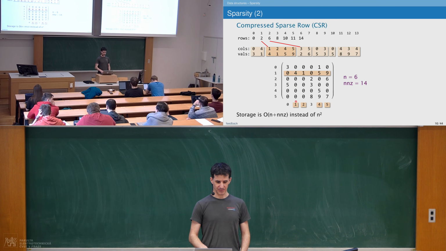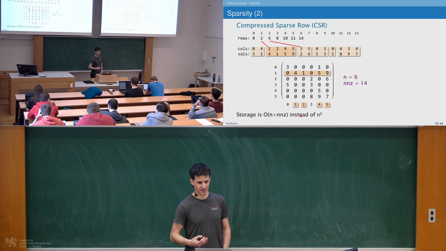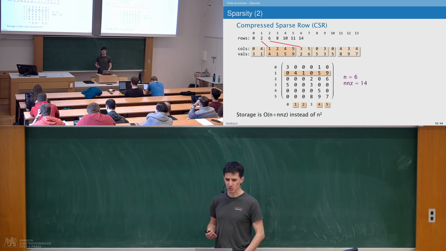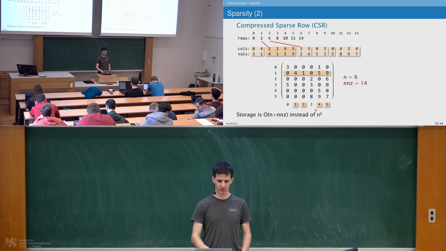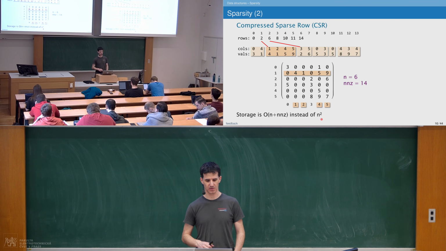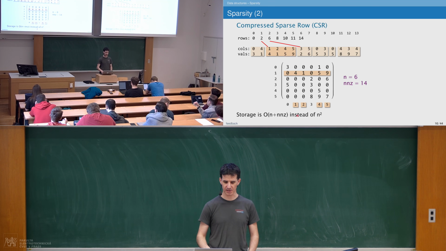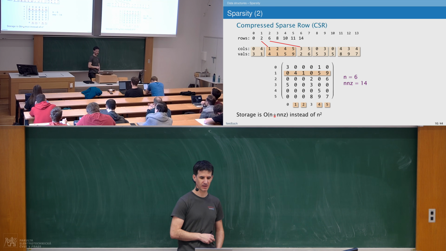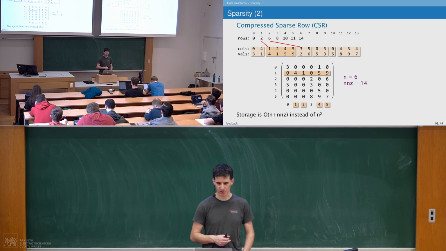And if you want to calculate how much space you save, instead of using n squared memory to store this, the storage needed is just n plus nnz, which is the number of non-zero numbers.